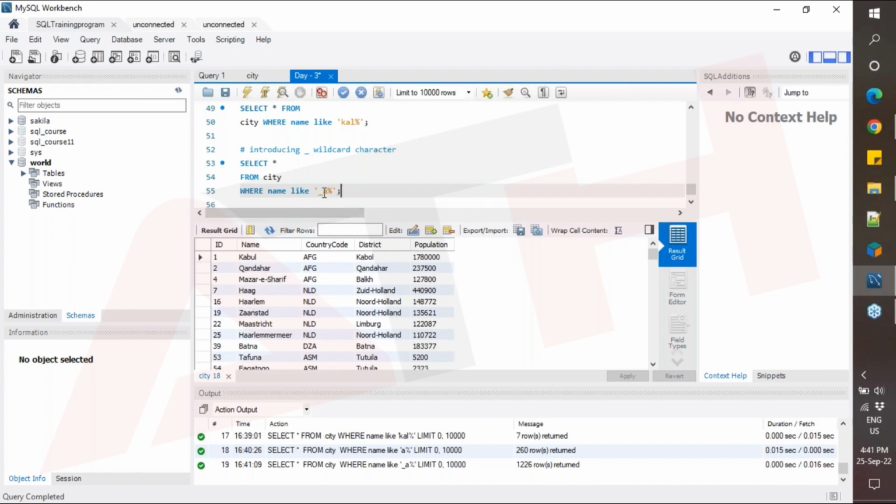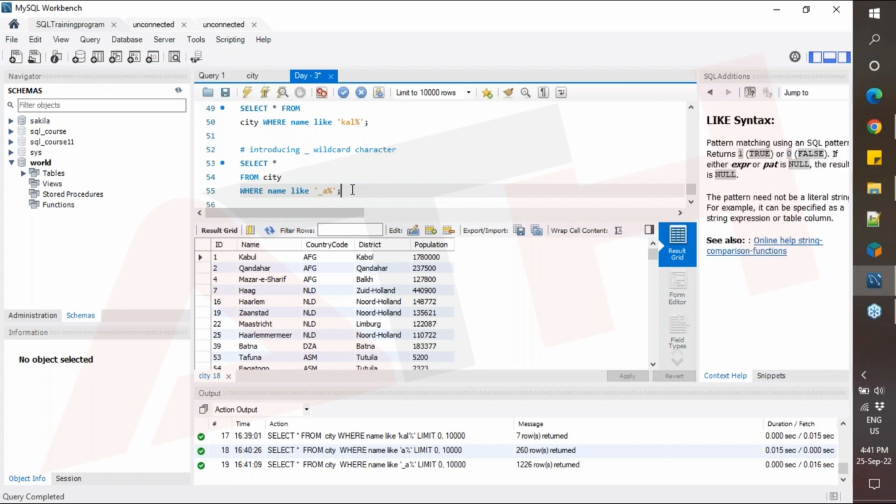Because in the first letter I defined underscore and for the second I defined our previous condition that we learned. So this is how we can use the underscore wildcard character in our LIKE operator and solve cases like this, where we want to retrieve something on the basis of the second letter, third letter, fourth letter, or any other letter instead of a start or end.